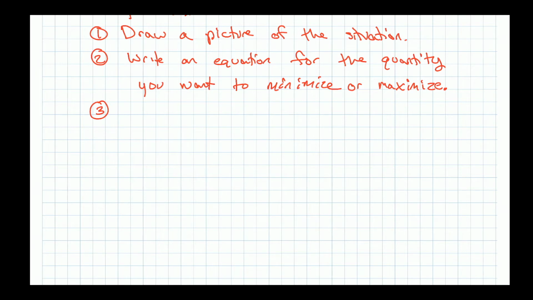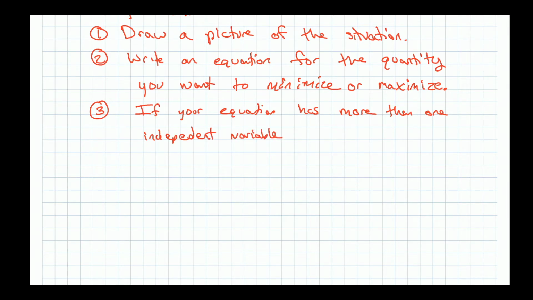So you write an equation for the quantity you want to maximize or minimize. You've done that. Now, if your equation has more than one independent variable, let's say you're maximizing the volume, and you have volume is x, y, and z. Then x, y, and z are the independent variables. They can be anything.